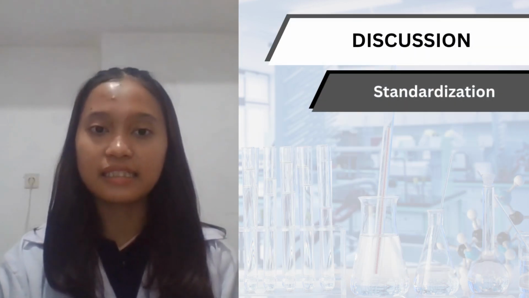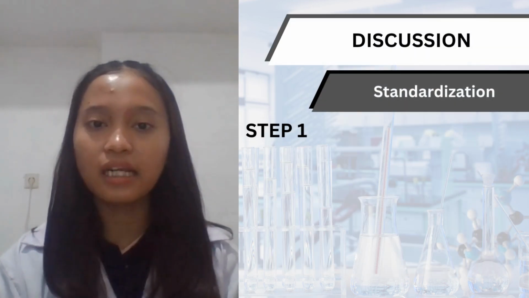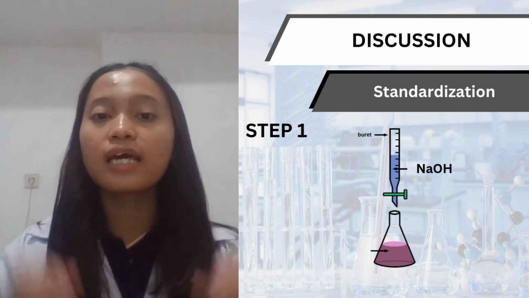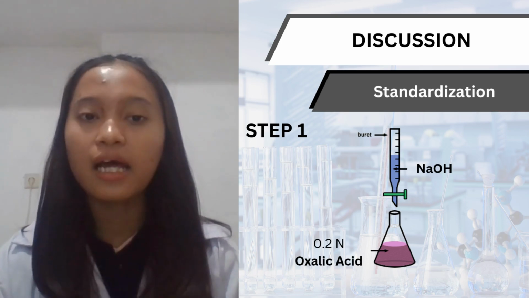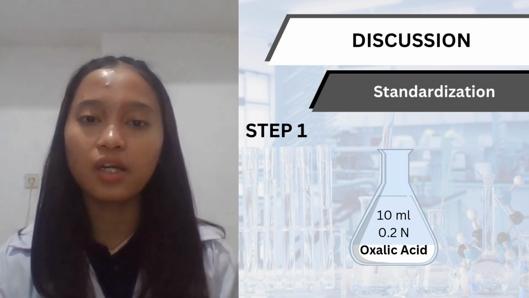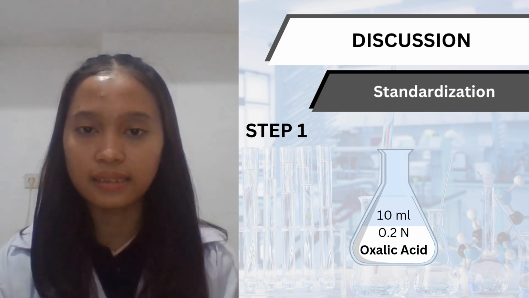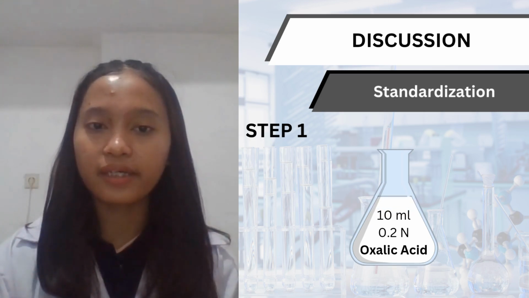And the next discussion, first of all, standardization of NaOH solution with 0.2 normality oxalic acid solution. First, measure 10 ml of 0.2 normality oxalic acid solution and transfer it into an Erlenmeyer flask.